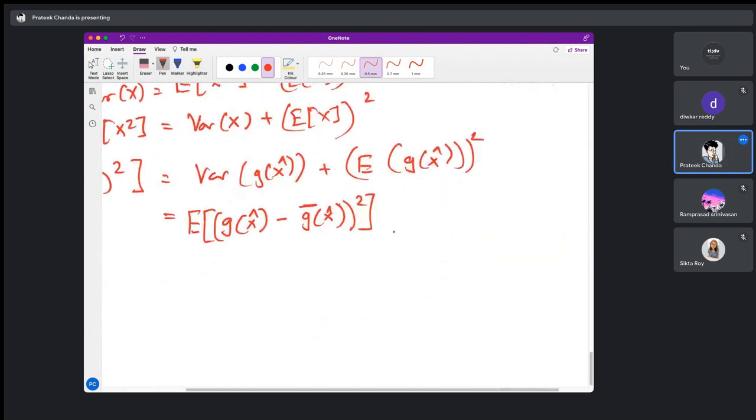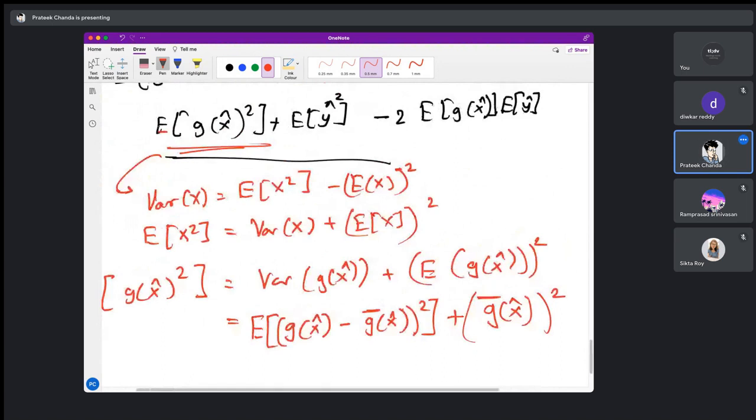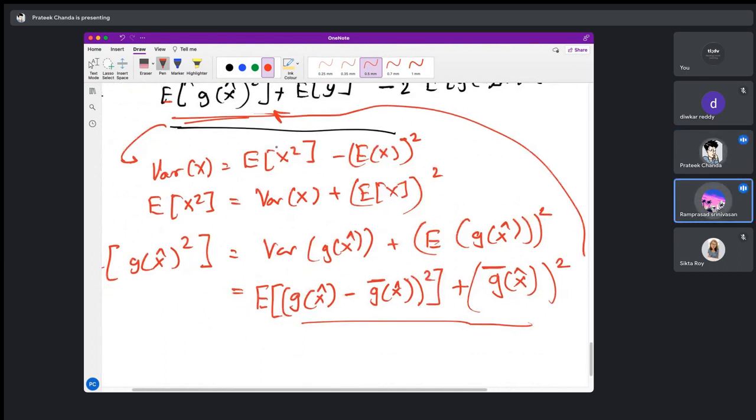And for this thing, I can just have this only, because expectation is an average. This is an average symbol. Since it's an expectation of g of x hat, it is g of x hat bar, and now I have a whole square on top of it, because originally I had a whole square on top of it. You must have g bar of x, right?